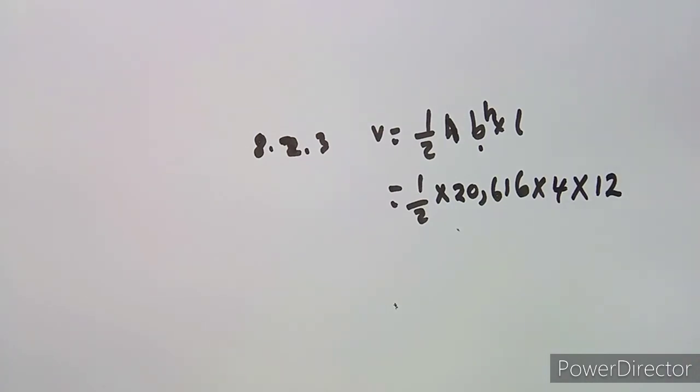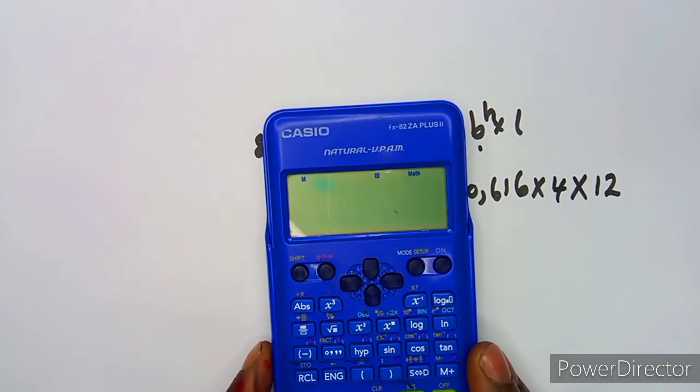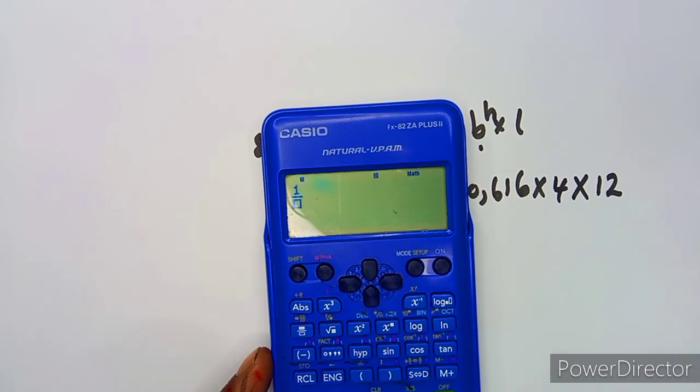So like the cross-sectional area actually times the height. That is the concept if you are to cross-check here. So that's going to be half by 20,616, which is 616 by 4/12.